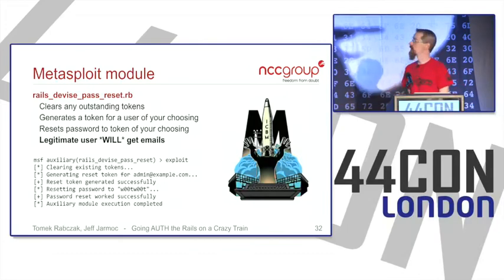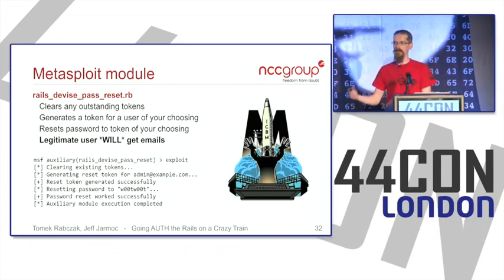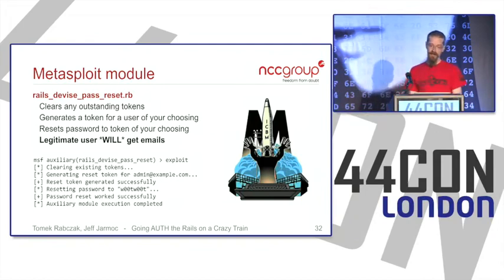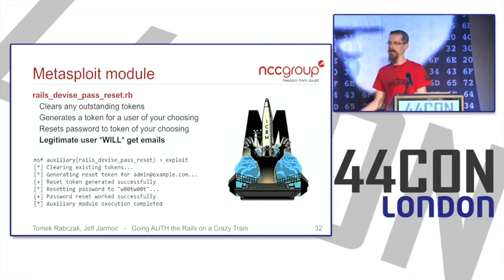The way the module works is, on top of what I've shown you, it loops through and clears out all the outstanding tokens in the database. It can tell based on the response whether it successfully reset someone's password or not. Once it does that, it generates a token for a user that you provide. So you give it the username, and once it's cleared out all the tokens, it goes out and requests a password reset for them.